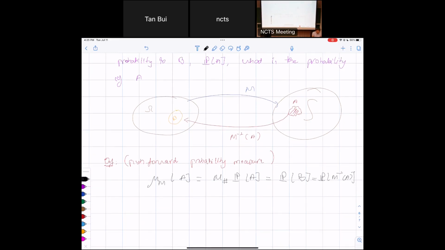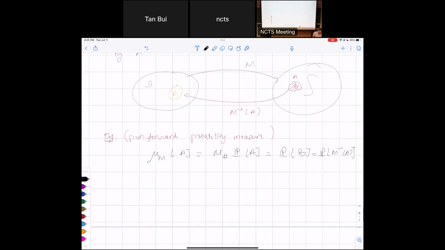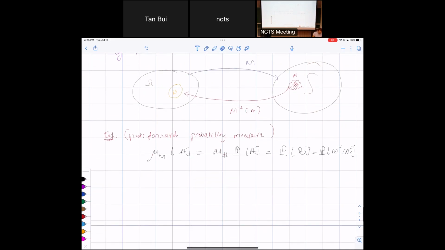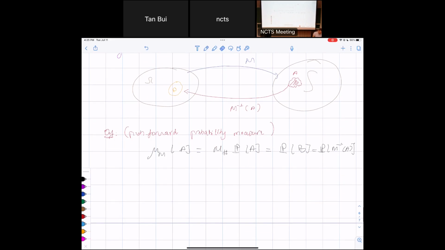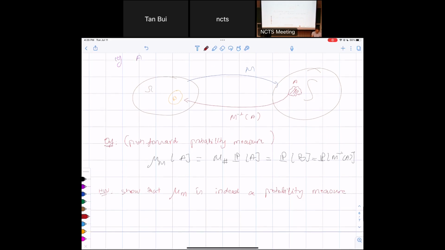Now, the question for you. One of the homework problems asks you to show that mu M is indeed a probability measure, by satisfying all the conditions that we talked about last time, at least three conditions, given the fact that P is a probability measure.